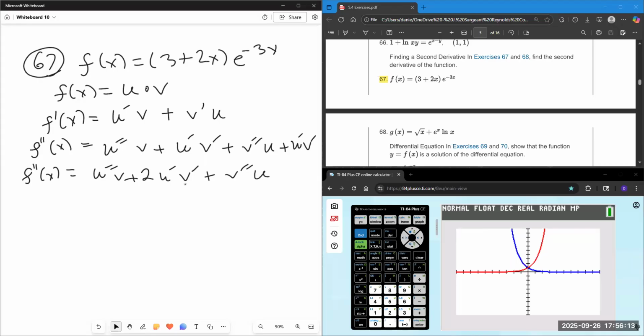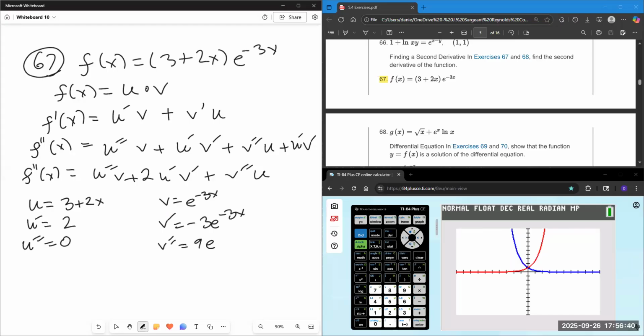Now that we've done that generically, let's define u as 3 plus 2x and v as e to the negative 3x. U prime is 2, u double prime is 0, v prime is negative 3e to the negative 3x, v double prime is 9e to the negative 3x, and let's plug and chug here.